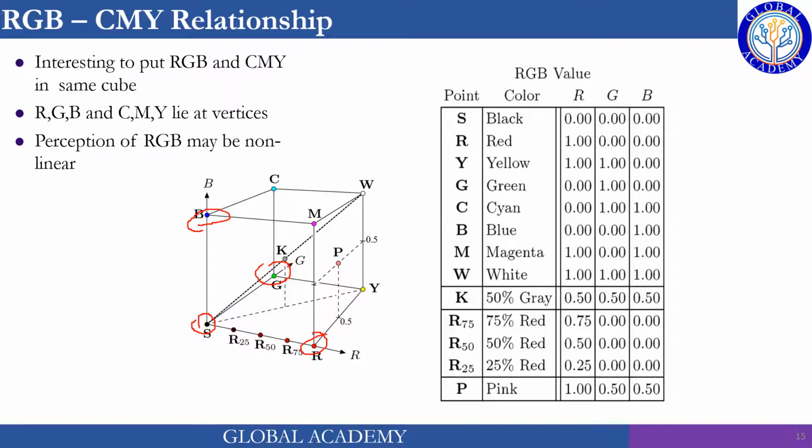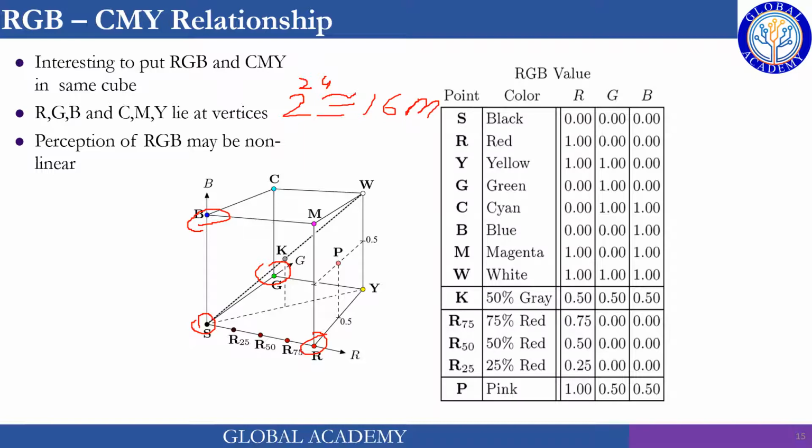So you can get an idea that we have 8-bit red, 8-bit green, 8-bit blue. This would be 2^24, which is approximately equal to 16 million colors.